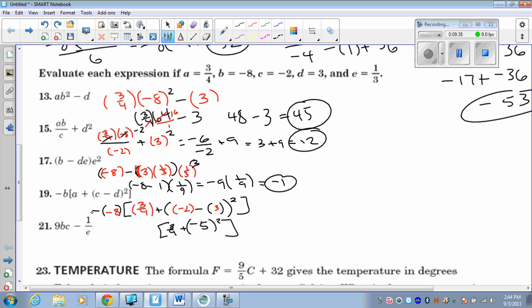Well, negative times a negative makes a positive. So let's do the exponent in here. I got 8 times 3/4 plus 25. Well, wouldn't it be nice if I had a common denominator? Let's make 25 somebody over 4.